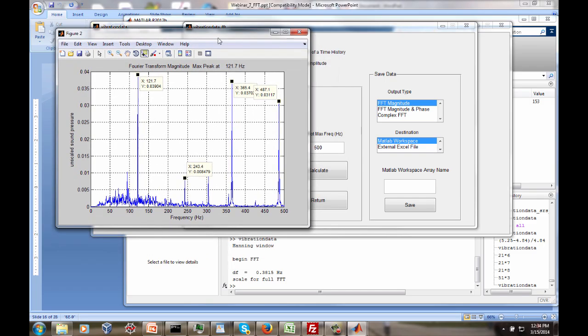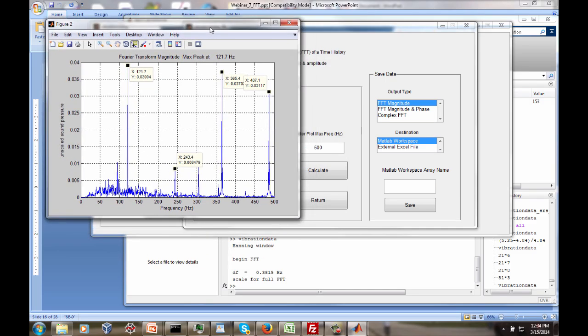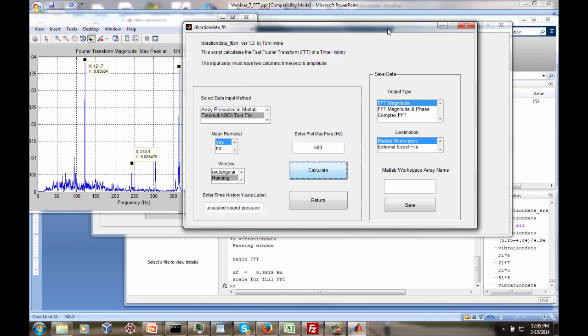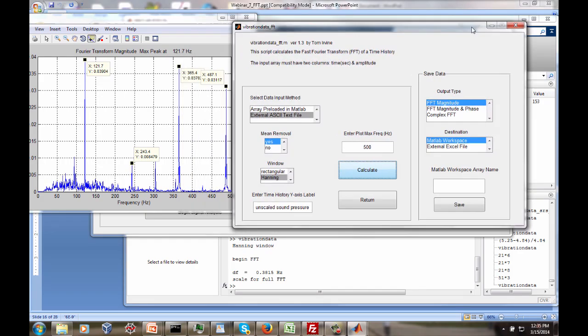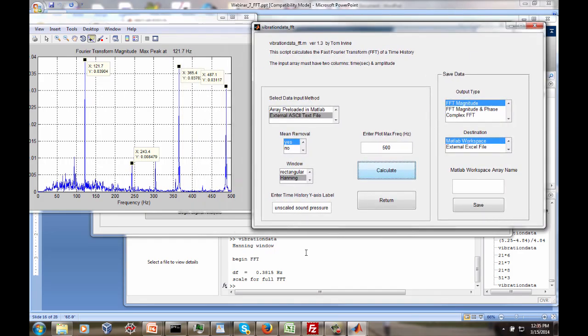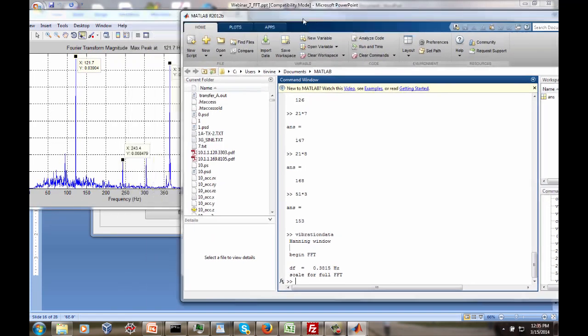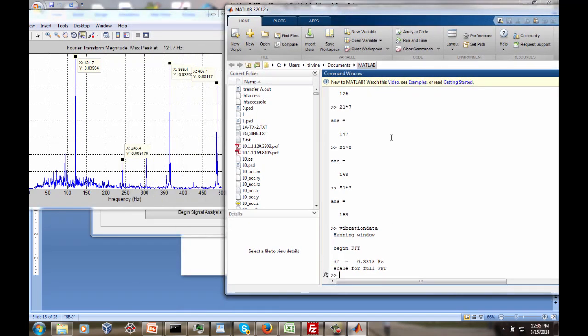Now, I actually took this just using kind of an old-fashioned analog tape recorder, and then I digitized it by playing back the tape recorder. So what we actually have here, we're going to round off and say maybe there was a slight bit of frequency shift in our data. And I'm going to say that the pattern here, the first peak is actually at 120 hertz.